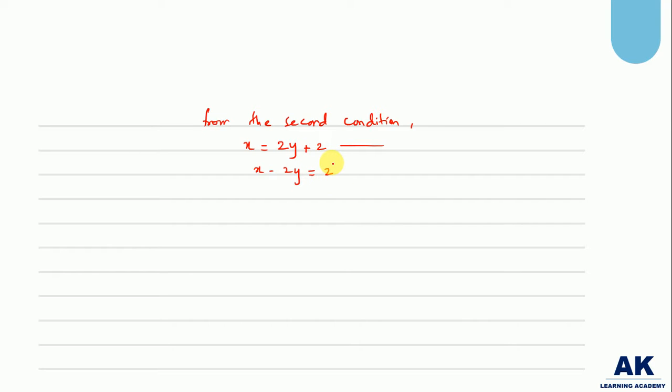Because I want to solve these equations using Cramer's rule, and for Cramer's rule I have to arrange ax plus by is equal to c, right? So let's consider this is equation number 2.